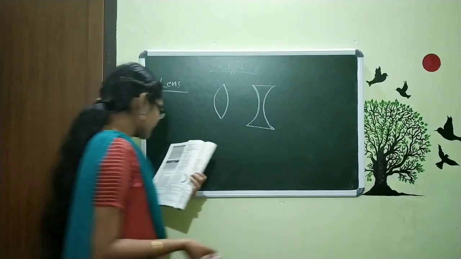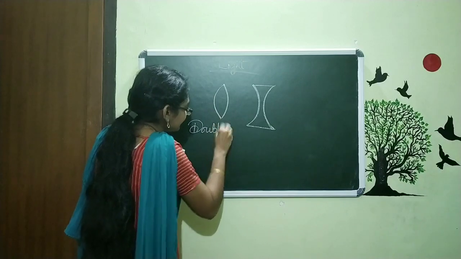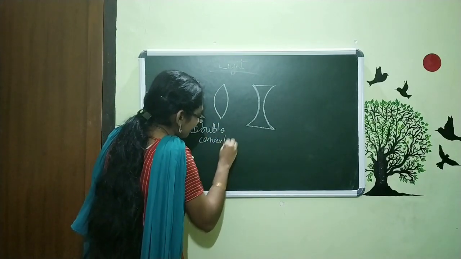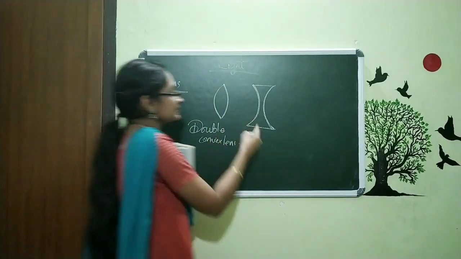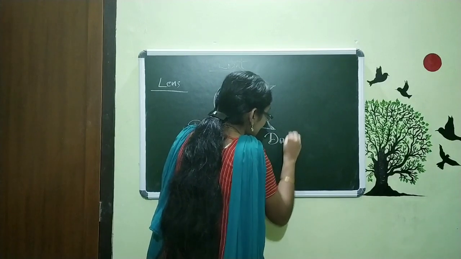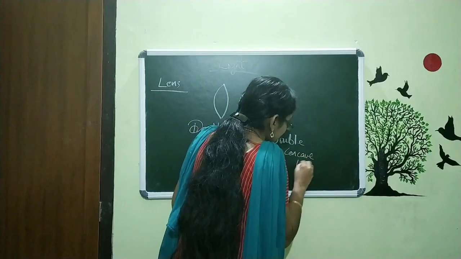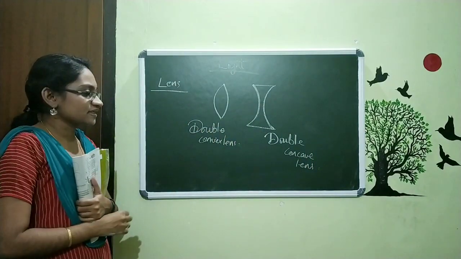The name is double convex lens. Double convex lens. And this is double concave lens. Double convex lens and double concave lens.